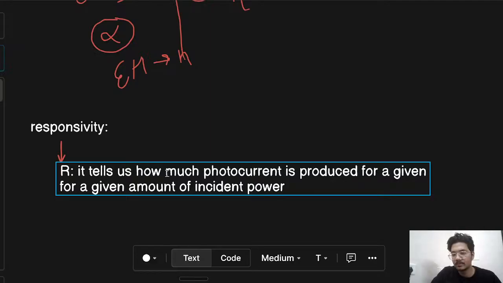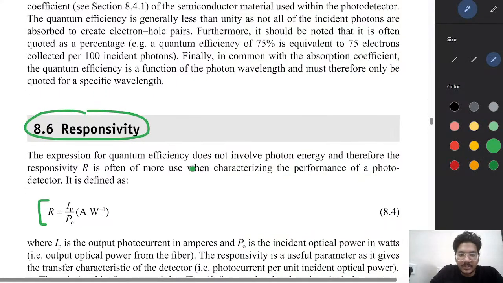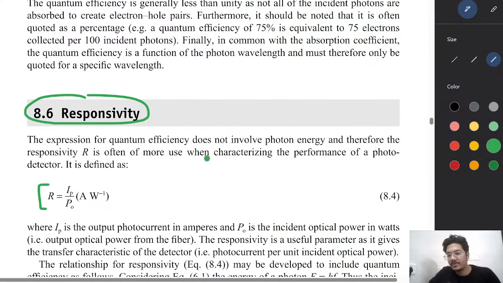So it is also an important parameter for the photodiode. It tells us how much photocurrent is produced for a given amount of incident power.